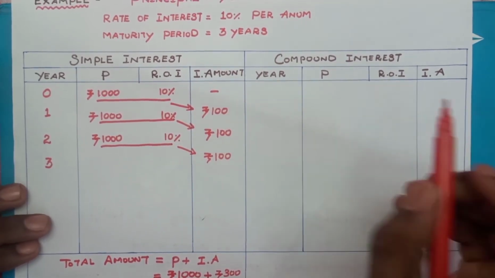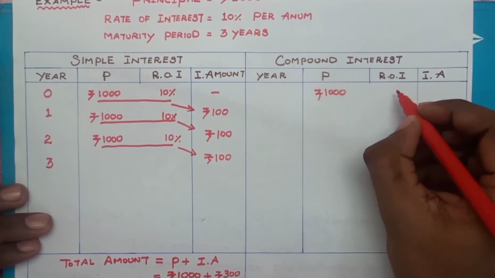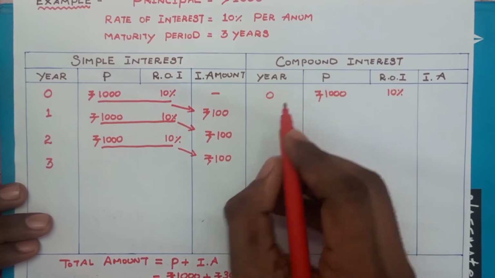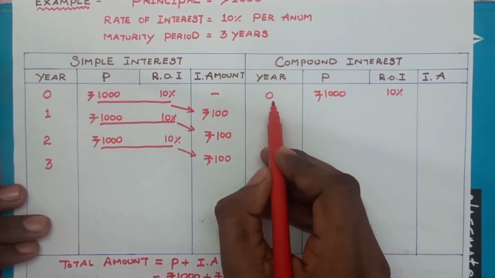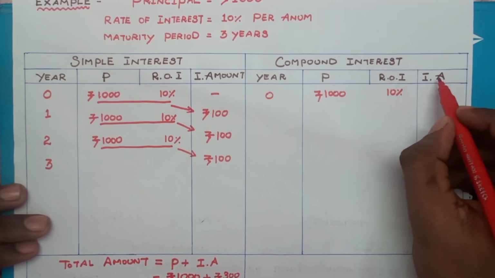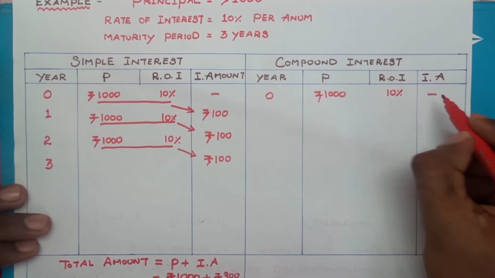The same example, you have planned to invest ₹1,000 in a bank, and the bank will offer 10% interest rate per annum, and 0 represents the very first day of your investment. And we know that on the very first day of your investment you wouldn't get any interest amount. You have to wait at least 1 year to get the interest amount, so nil.